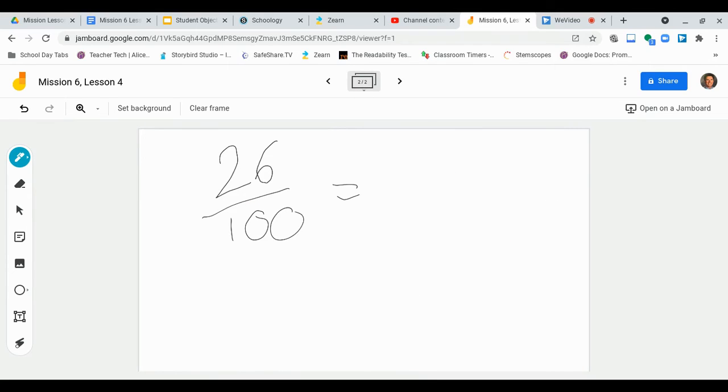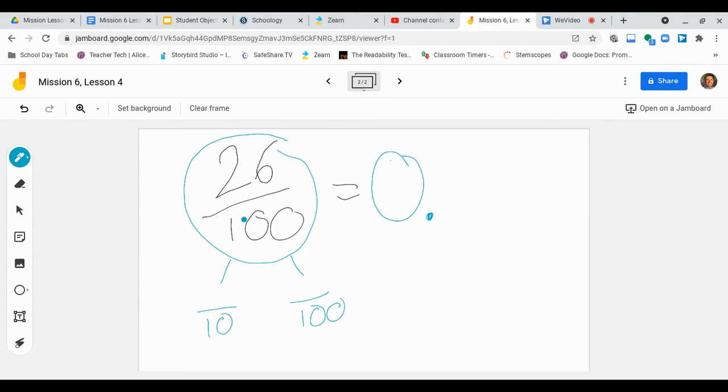Where it might get a little tricky is if we said, okay, we have 26 hundredths. And we want to rewrite that as a decimal. Now, I still know how many whole numbers do I have? I still have 0 whole numbers. And so this is where my decimal starts. Now, what I'm going to do is think about if I had 26 hundredths, how many tenths and how many hundredths do I have?